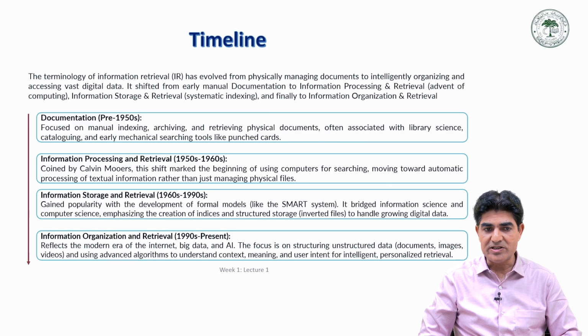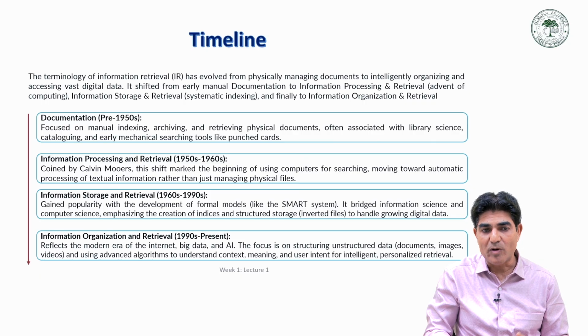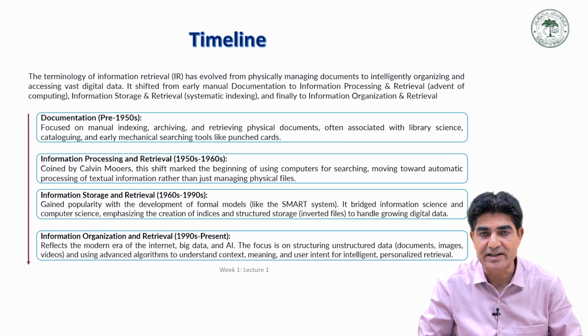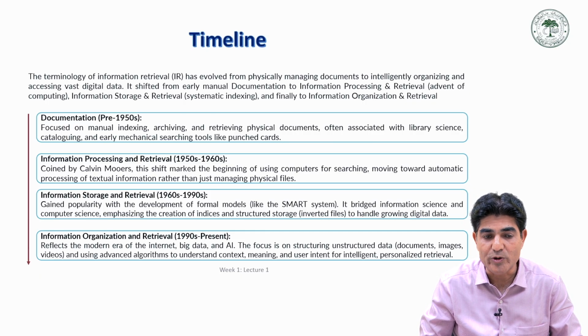Information organization and retrieval is the combination of two kinds of activities. One is the organization of information by applying different kinds of techniques, maybe the traditional system of classification and the modern systems of classification, that is, taxonomy and ontology.